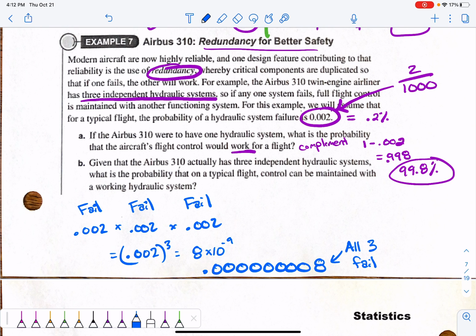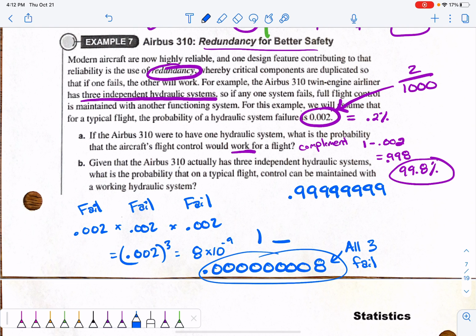So the chance that at least one system is going to work is the opposite of that. We take 1 minus this number, and that is 0.999999992. That is significantly increased from the 99.8% chance of it being successful before.